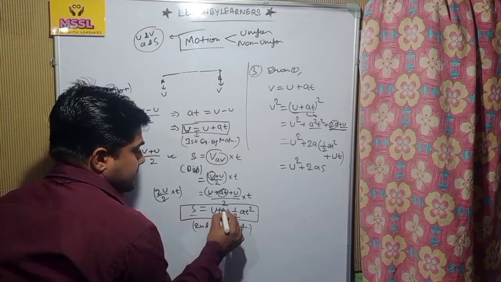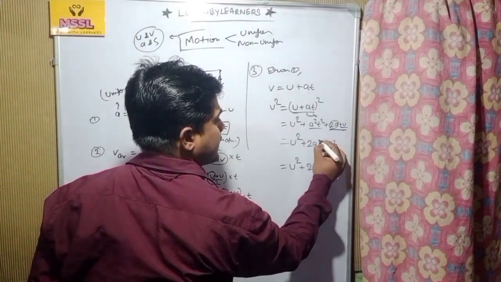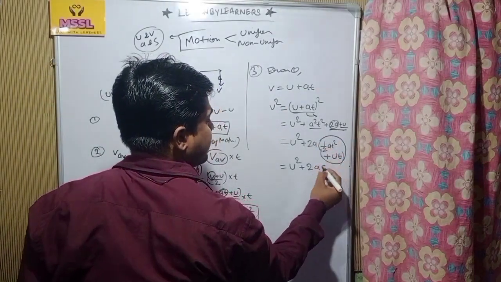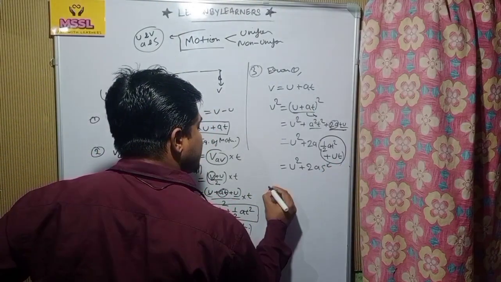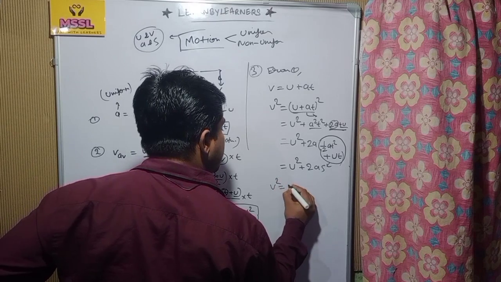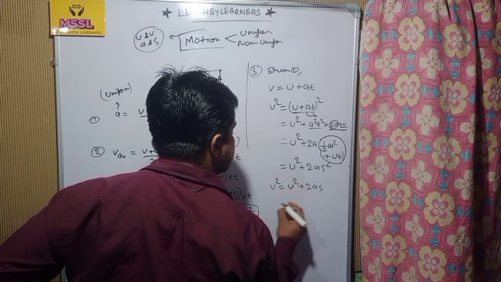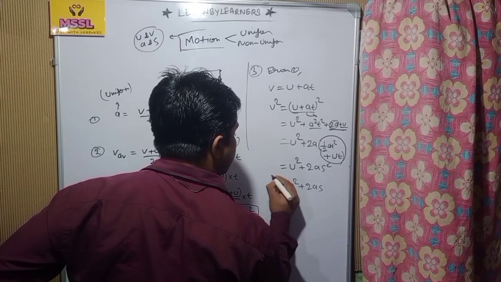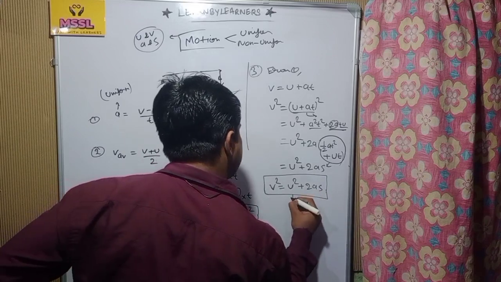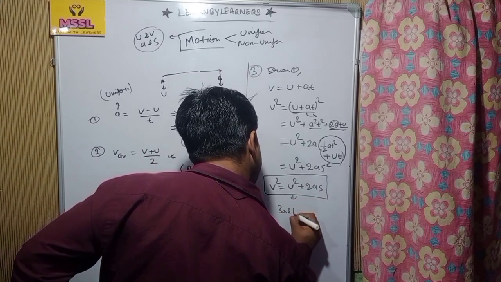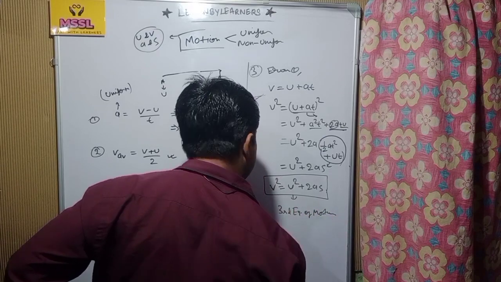This s. We just replace it with s. That's what we have done. So the third equation is V square equals U square plus 2as. This is the third equation of motion.